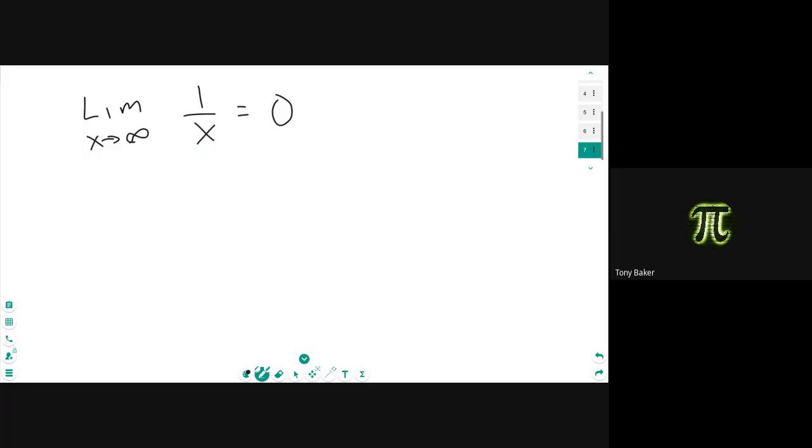Just think about this problem. Think about this equation: as x gets infinitely bigger, 1 over that bigger number is going to make that fraction smaller and smaller. As the denominator is getting bigger and bigger, the fraction's getting smaller and smaller, right? Just in your rational brain, everybody gets that concept, correct?